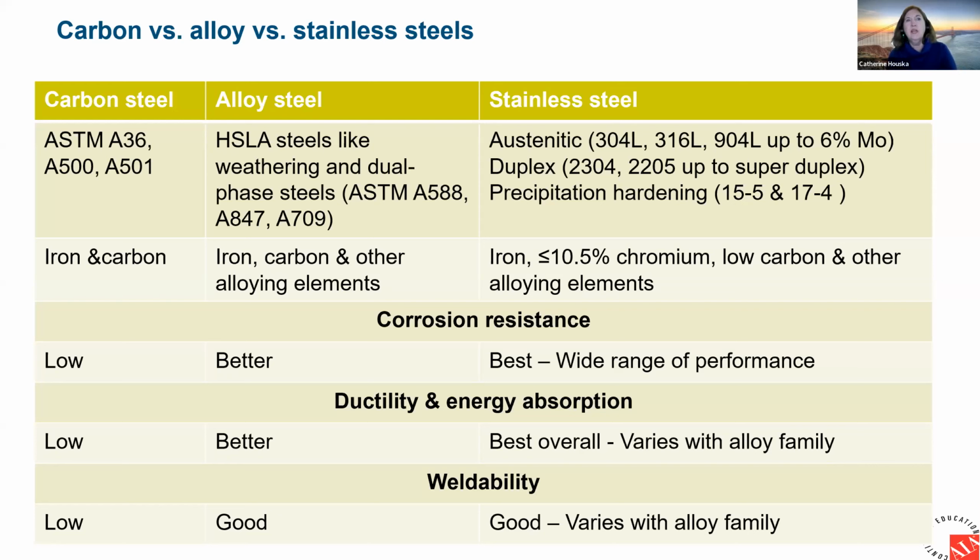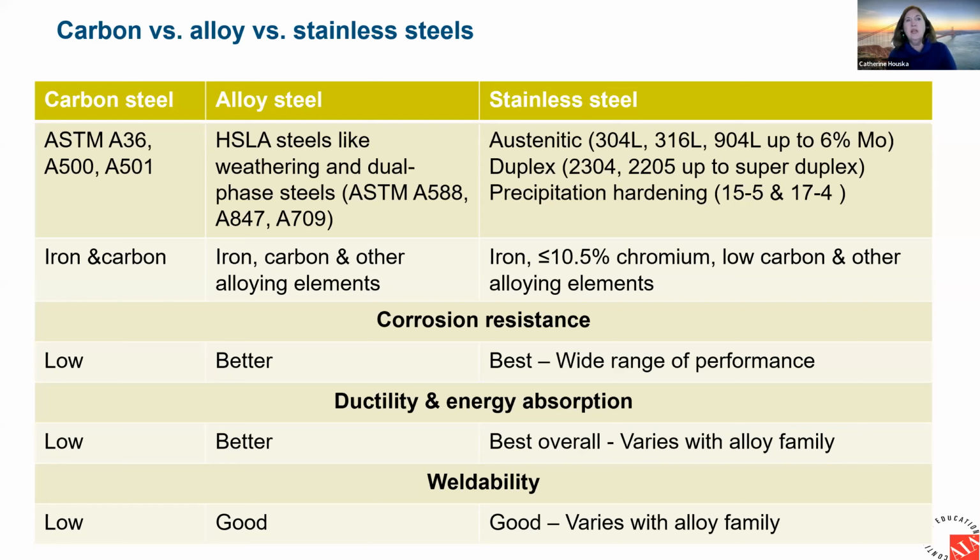Starting first, for anyone that's new to stainless steel, with what is stainless steel and how does it work? Well, it's iron-based with at least 10.5% chromium and low carbon. So that's a distinction between stainless and other steels. And it is stainless, not stain-free.